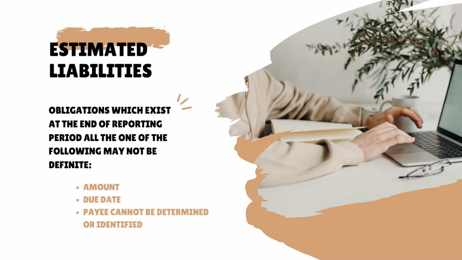Although we don't know who we will render the service to or to whom we will give the goods, we will still record our liability to render future services or to give them the goods that they ordered. These are what we call estimated liabilities. Although they are estimated, they should be recorded in our books.